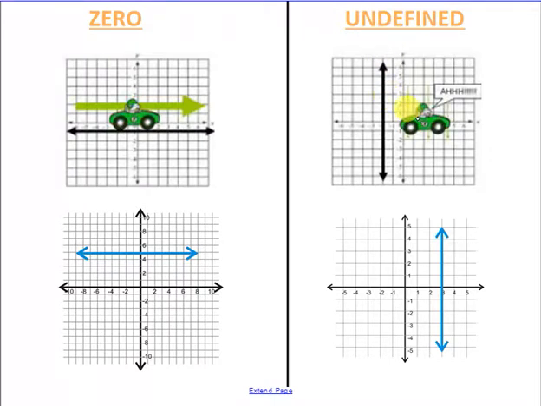If you think about a car, the car literally cannot drive on a vertical line. And so that would be undefined, meaning impossible, okay? And so you can have a vertical line over here, you can have a vertical line over here, but the point is that it is a vertical line. So you have positive, negative, zero, and undefined.